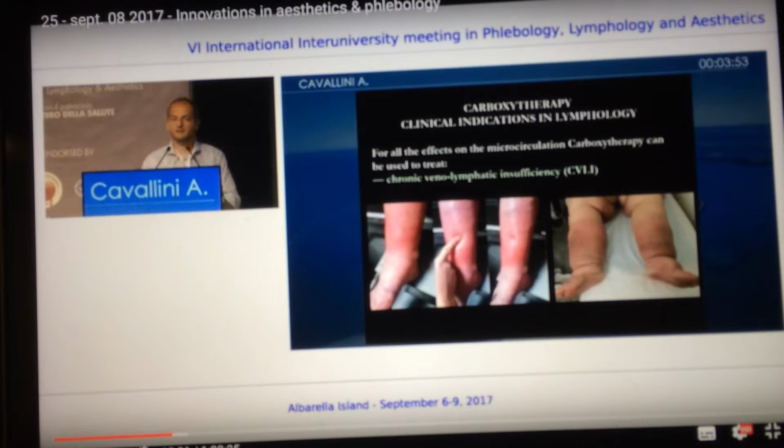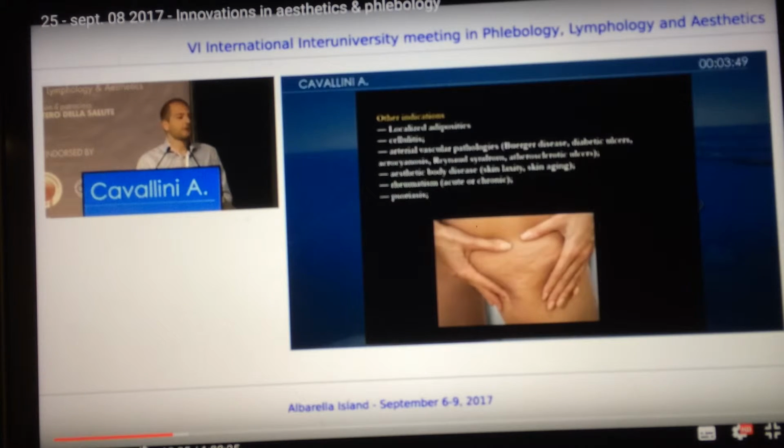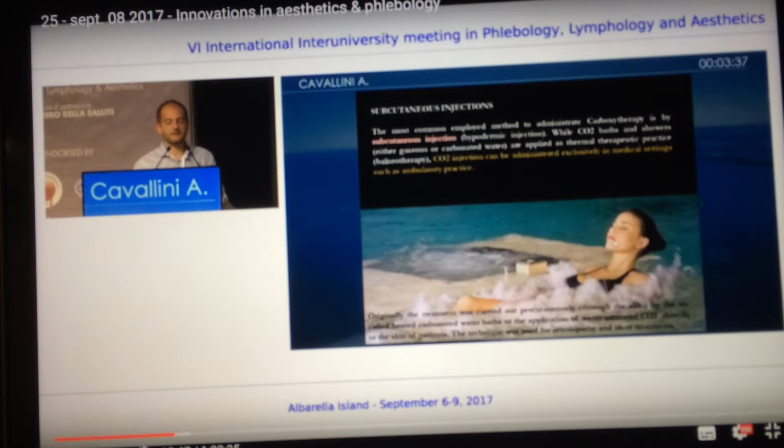But carboxytherapy has also very strong effects in terms of microlymphatic collectors, as we're going to see in another study. And it can also be used for microcirculation problems of the lower limbs, such as panniculopathies, for instance, where the microcirculation is a part of the problem.